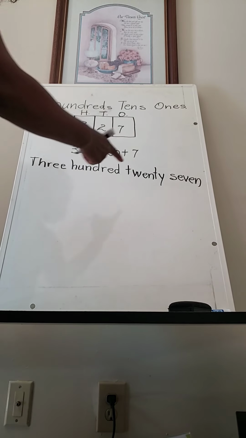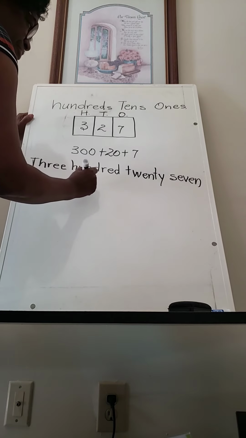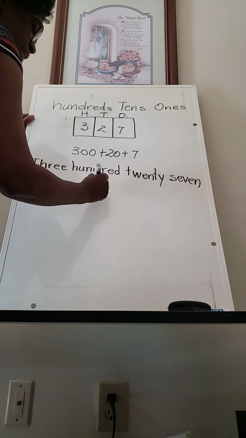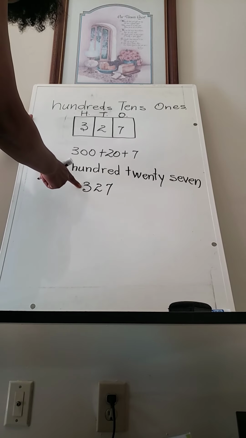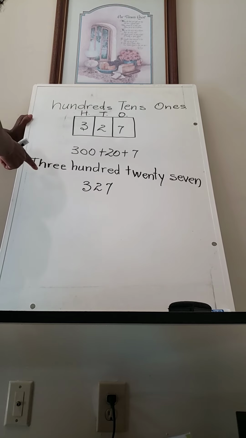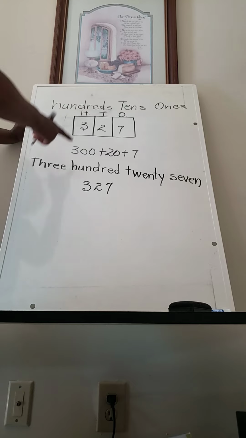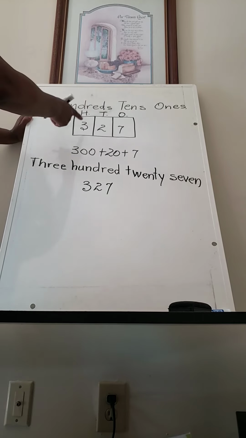This is in word form. So we have our expanded form, we have our word form. And when we write the number, the digits all together, we have 327. This is what we call the standard form. So we have our expanded form, our word form, and our standard form. It's the same thing that is shown in our place value chart.